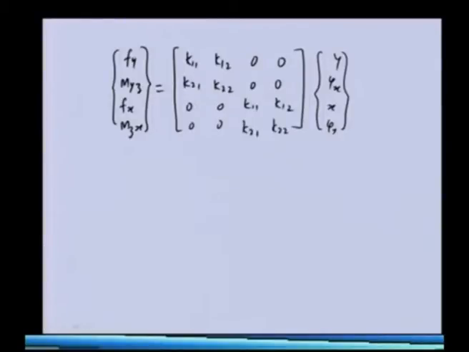So, this is the relation of the linear elastic force which we had earlier. This we can write as, let us say, K matrix, and this is the displacement vector. The equation of motion which we derived, we can use this equation there, and write the equation of motion which we had earlier.